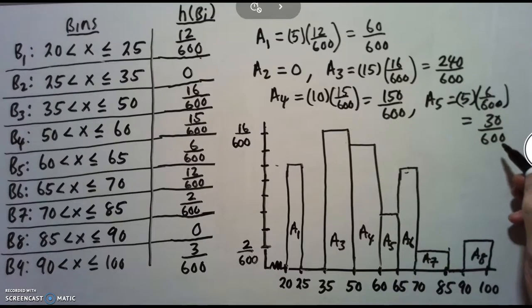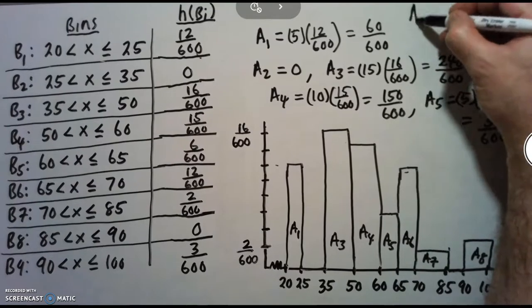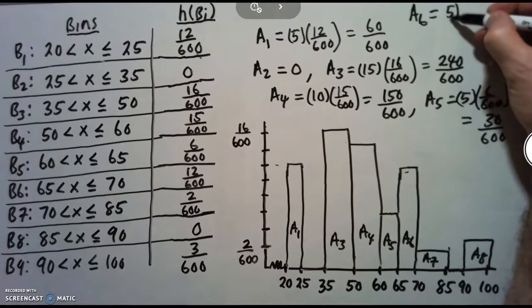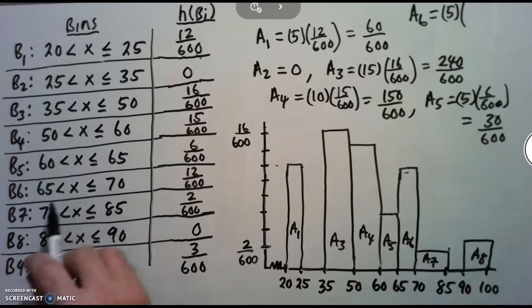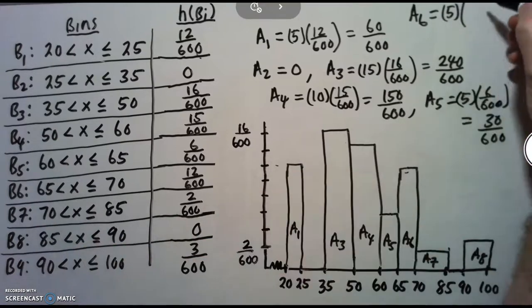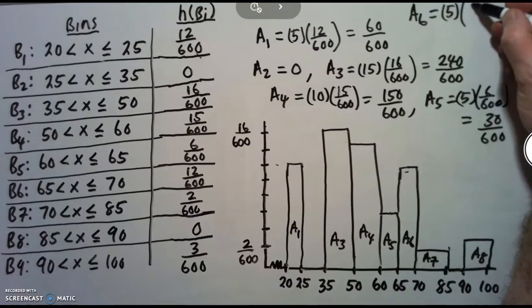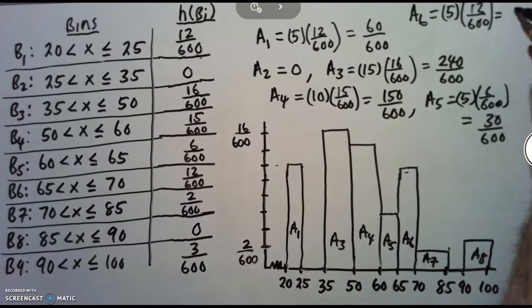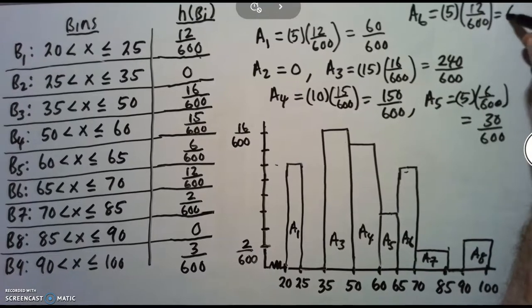A6, I got a space here, A6. So A6 then will be 5. So A6 guy will be 12 over 600. Yep. So multiplying those, we'll get 60 over 600.